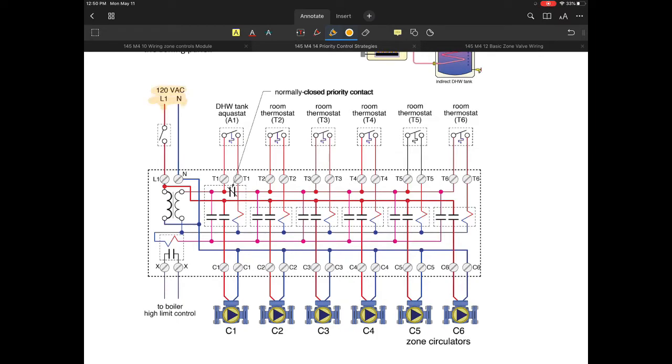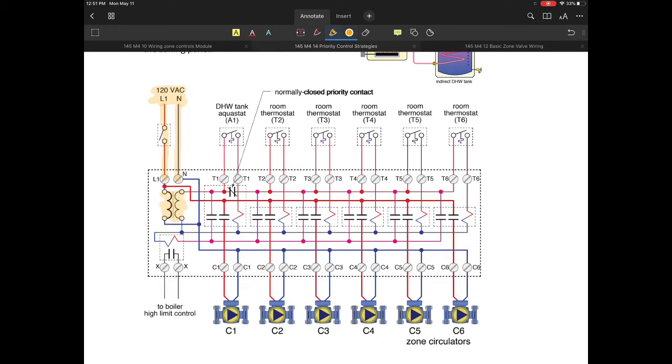Now, let's take a look at the wiring and what this looks like. Wiring wise, this large zone panel system that we're describing will have the 120 hot and neutral go to its designated line 1 and neutral inputs.